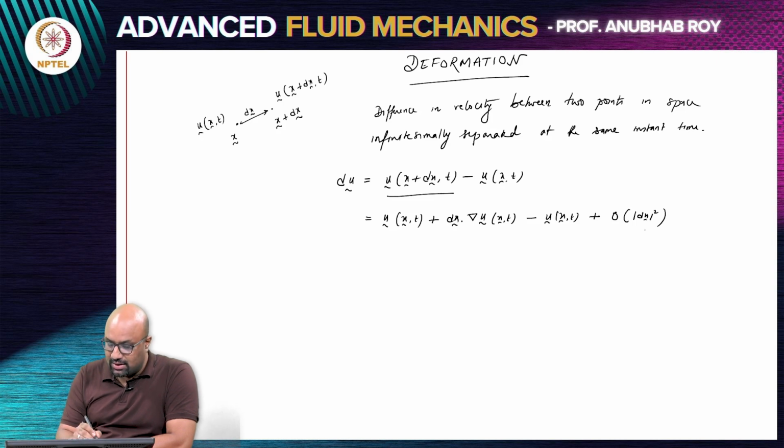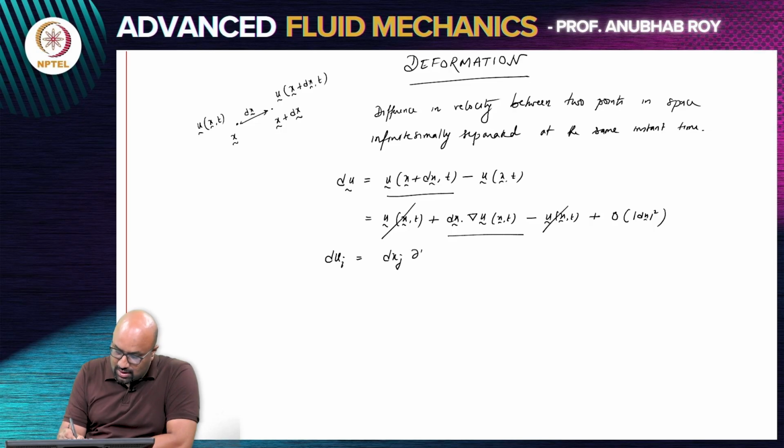So, this is nothing but a Taylor series expansion, but obviously done in a multivariable sense. This particular object is where we will start seeing how we are using tensors. If we write this in index notation, du_i would become dx_j ∂u_i/∂x_j.